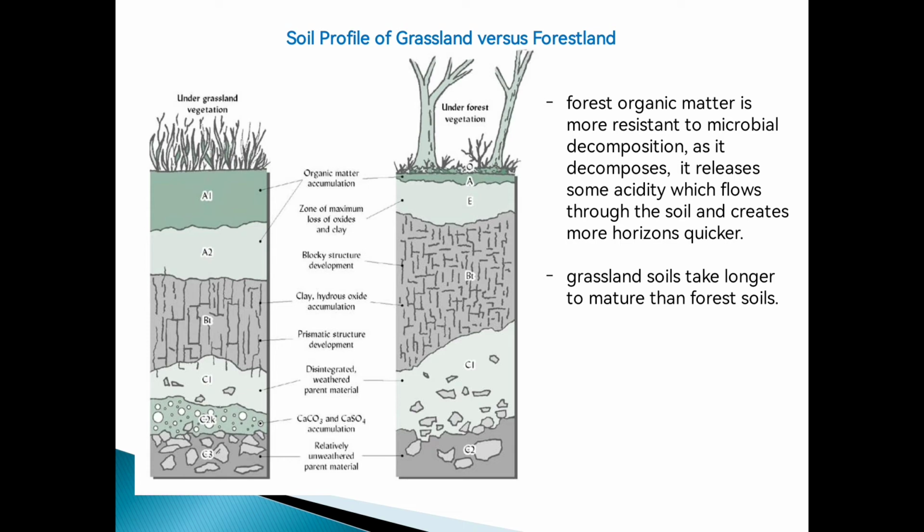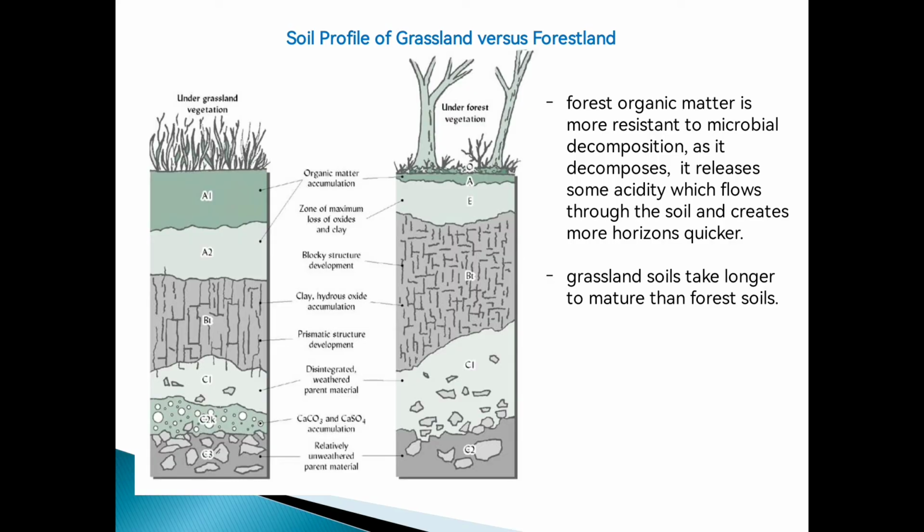And it is difficult for microorganisms to degrade, thus the humus content of the forest soil tend to be less than the grassland soil. And the acidic nature of the forest litter causes acids, so yung acidity niya, to flow through the soil profile and help develop horizons quicker than a grassland soil.